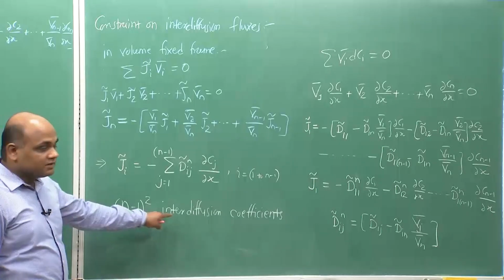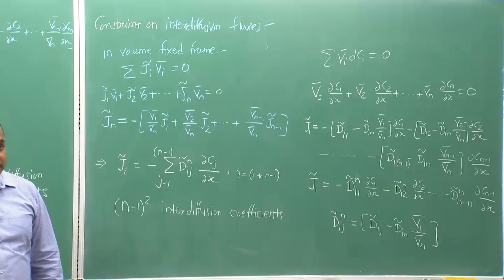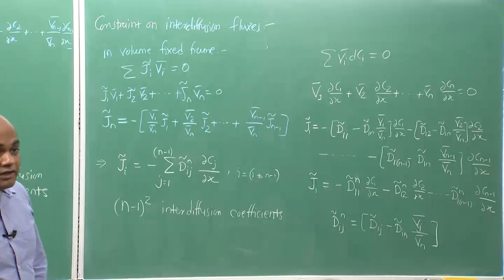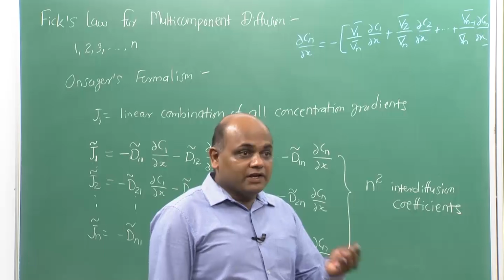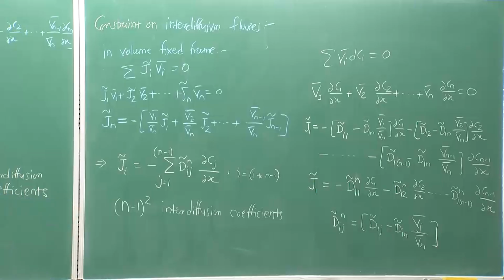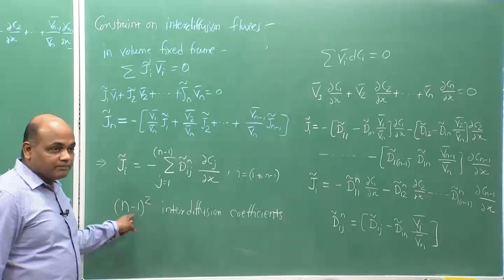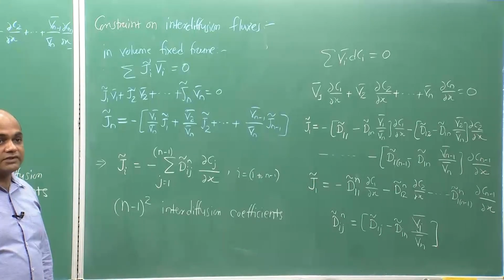Moreover, the set of these n minus 1 square interdiffusion coefficients are functions of composition, which means with varying composition this set will vary, or for a given composition we have a fixed set of n minus 1 square interdiffusion coefficients.